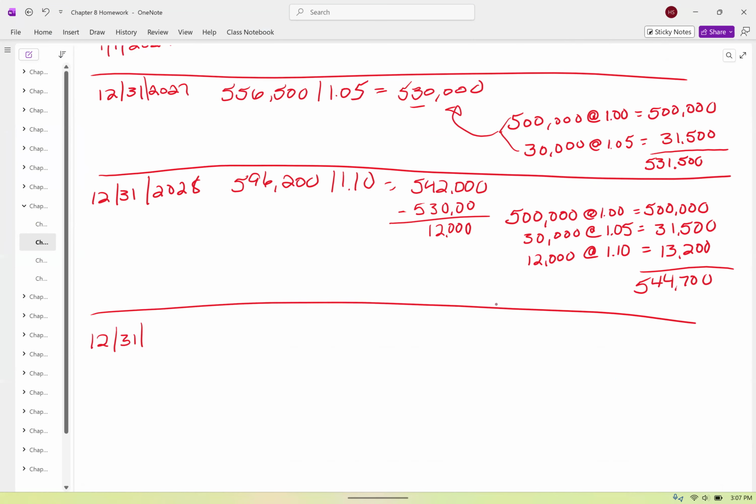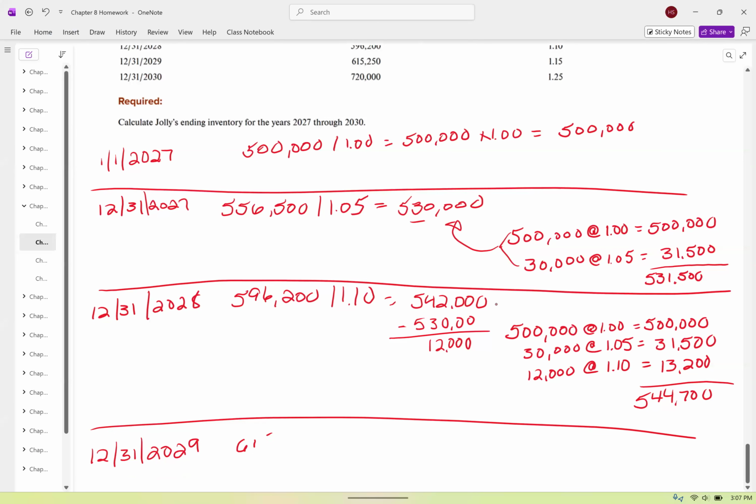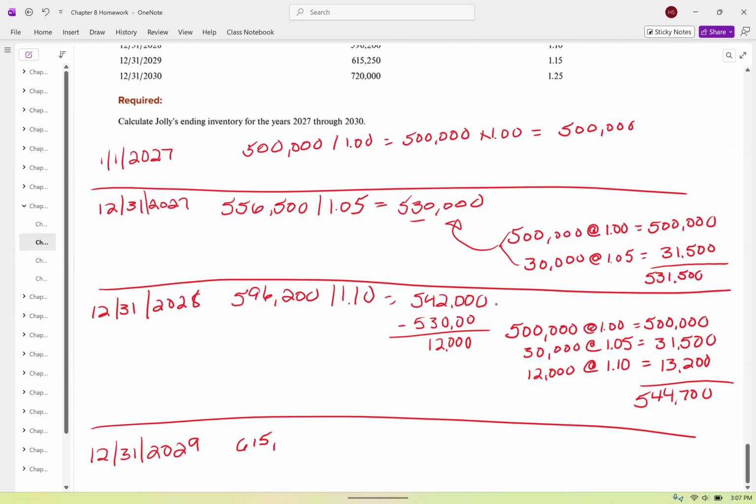So then 12/31/2029, we end up with 615,250. The price index was 1.15. So we're going to get that into base year dollars: 615,250 divided by 1.15 gives us 535,000.